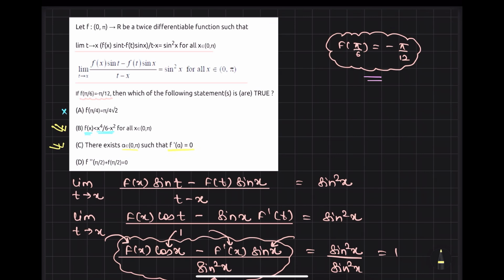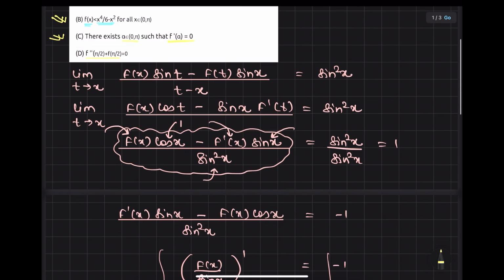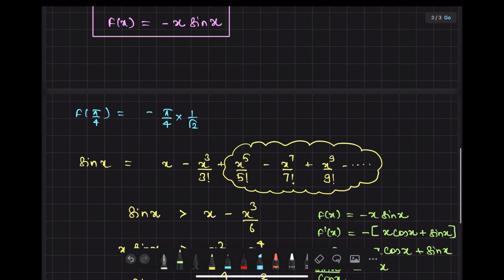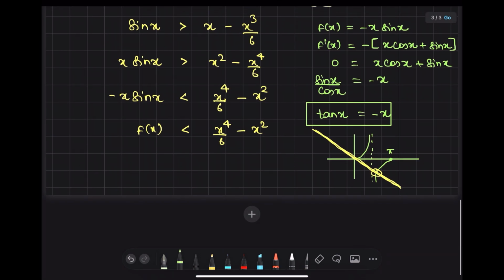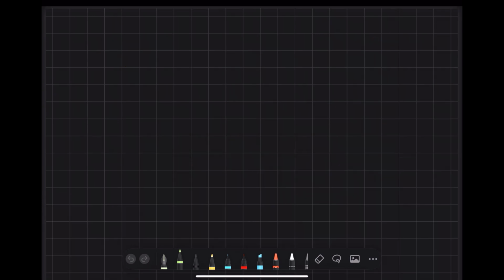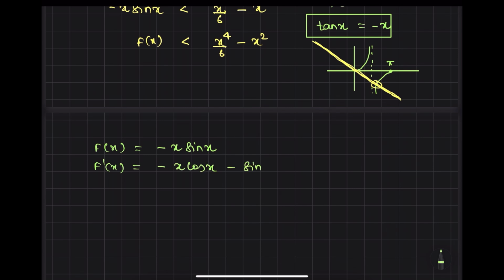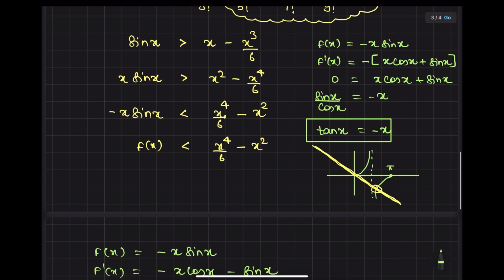Now we have to find out f double dash. So you have to do one more differentiation. So let's do that. We have f of x as minus x sin x. We have f dash x as minus of x cos x plus sin x. Correct? Yes, it is.